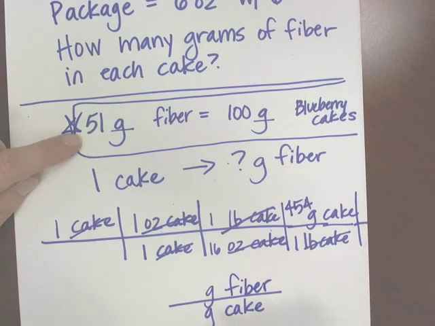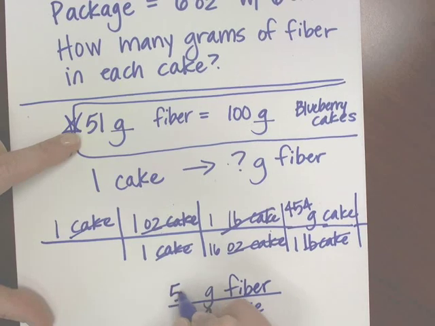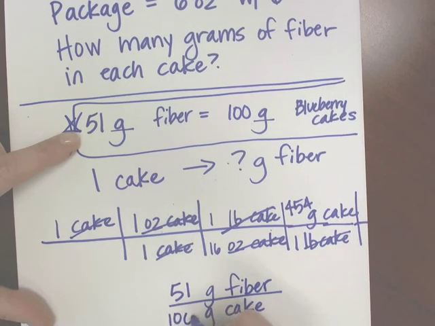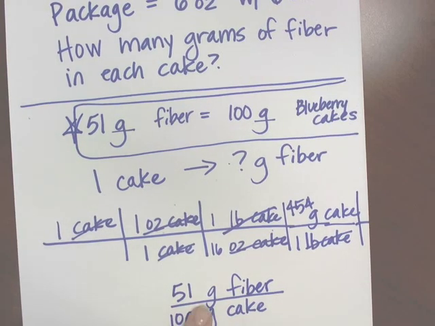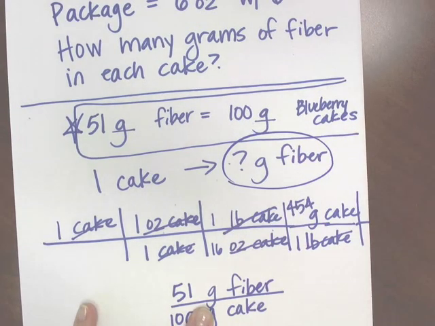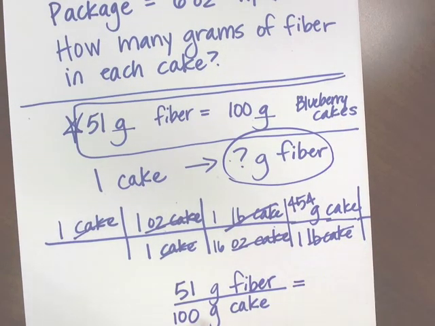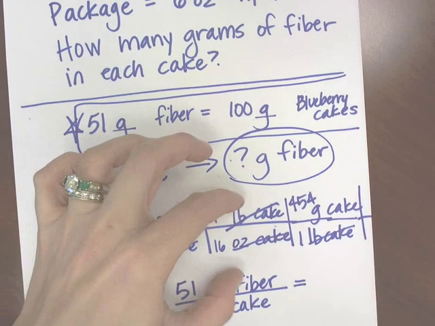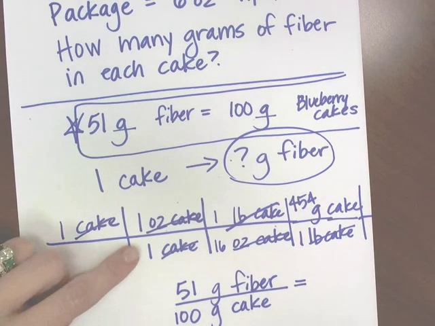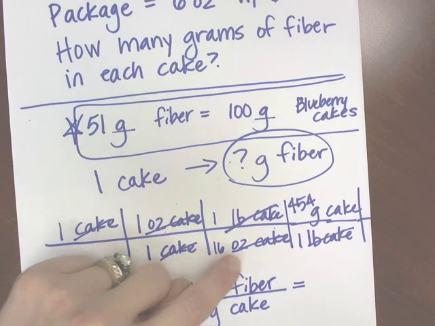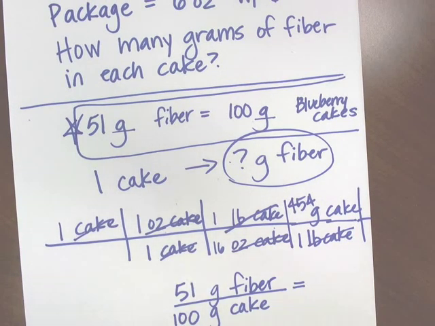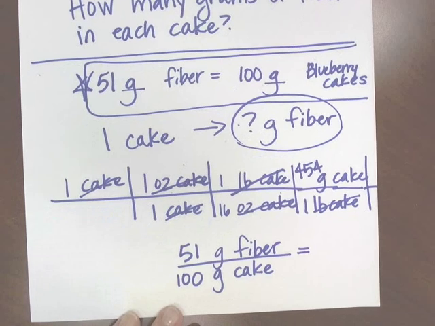I know the equality is 51 grams of fiber in every 100 grams of cake, and notice that's exactly what I was looking for. So this is fairly complicated in terms of the number of conversion factors that we had to use. Individually, they're pretty easy to locate. It's just linking them together in the right way that makes this work.